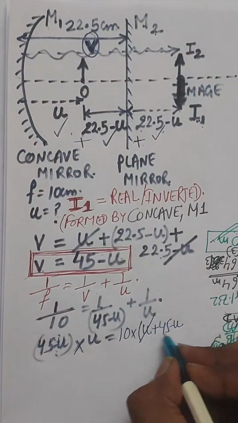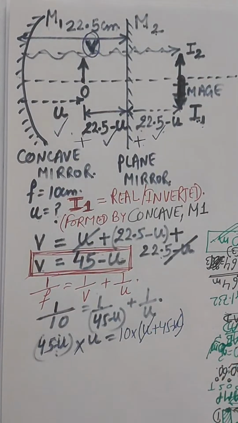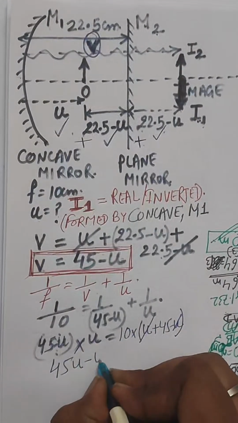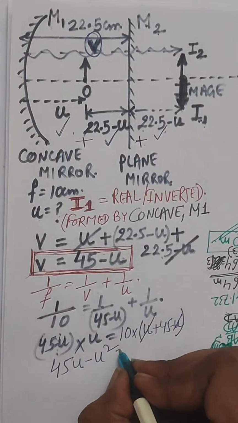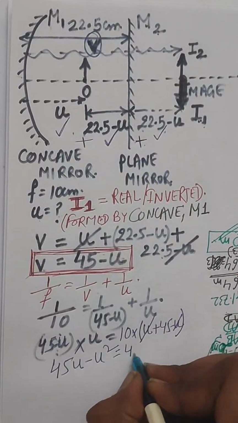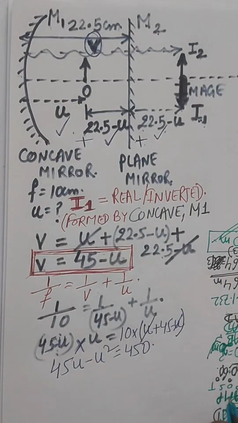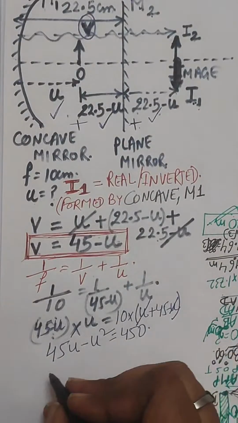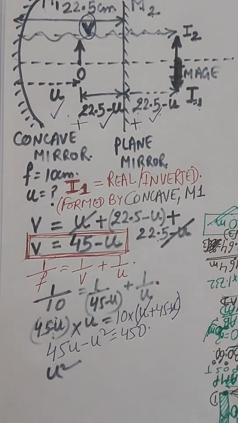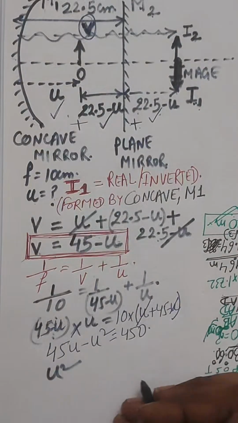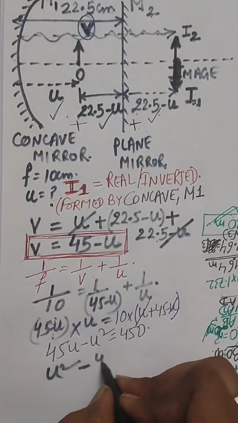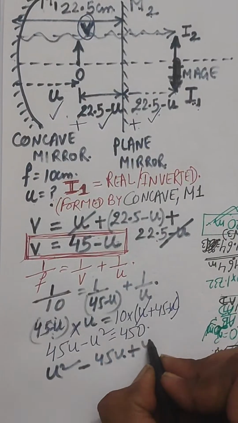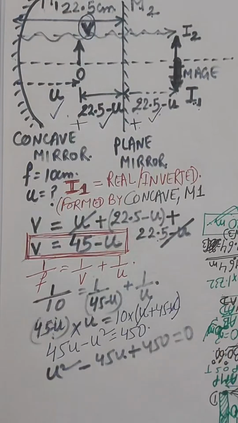So here u and u will be cancelled, and we have 45u minus u square is equal to 450. So this will give you u square minus 45u plus 450 is equal to 0.